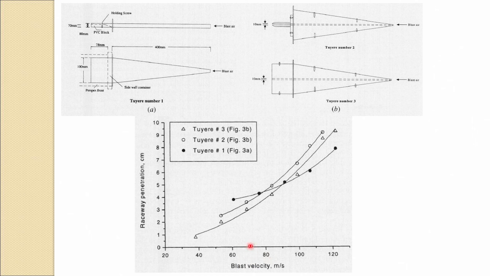So, as the blast velocity increases, you can see the raceway penetration is increasing, but in the case of this Tuyere you can see it is not giving such a good result, and you need a very high blast velocity even to form the raceway. Same case in this one, you need quite a high velocity to form the raceway, then it keeps quite okay, but you still get a good support from the Tuyere wall.